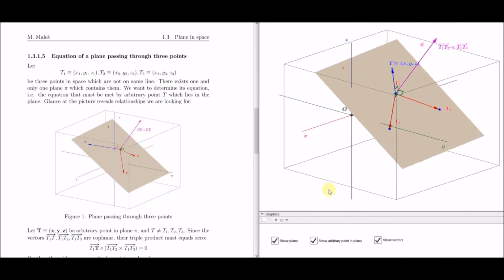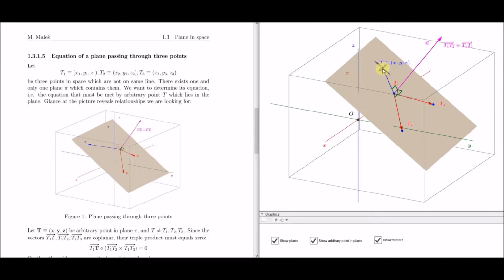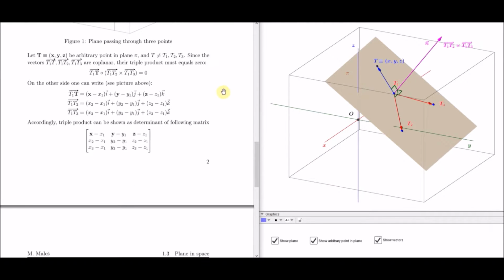Let T with coordinates x, y and z be an arbitrary point in the plane pi, different from T1, T2 and T3. Because points T, T1, T2 and T3 lie in the same plane, the vectors determined by these points, meaning vectors T1T, T1T2, T1T3, are coplanar, as we can see on the construction graph.